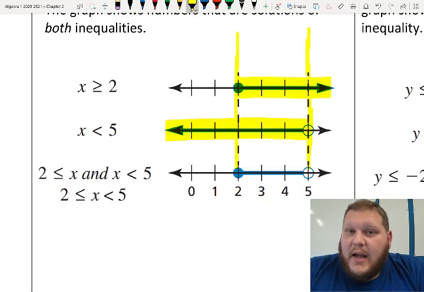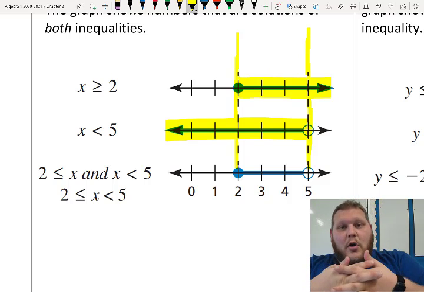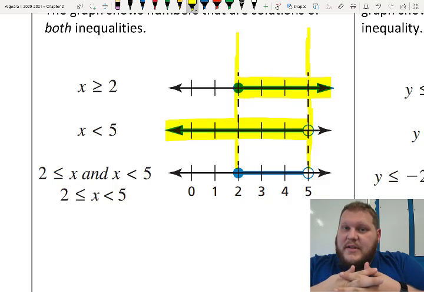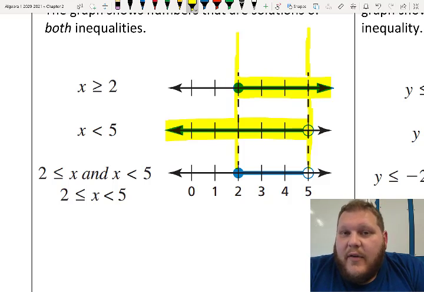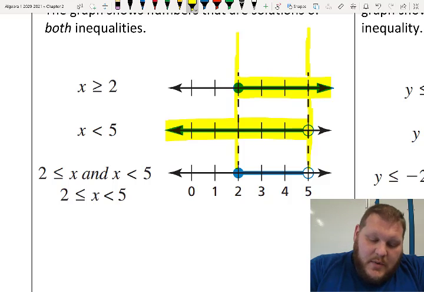So on my number line for the compound inequality, since my solutions overlap, they point towards each other, they overlap on the number line. We have the possibility of x values, in this case, that are true for both of my original two inequalities. I could be both bigger than or equal to 2 and less than 5, which is why we're shaded in between these two.